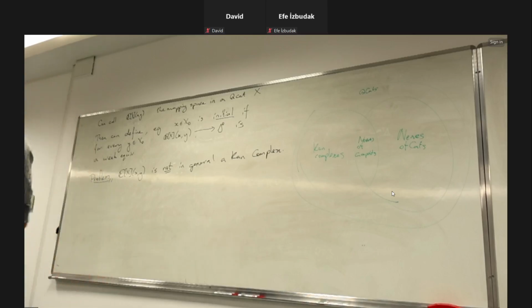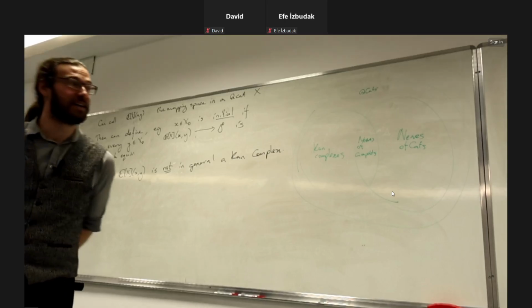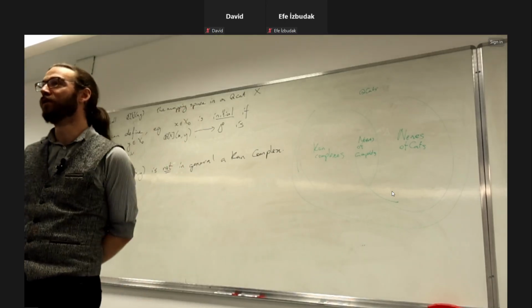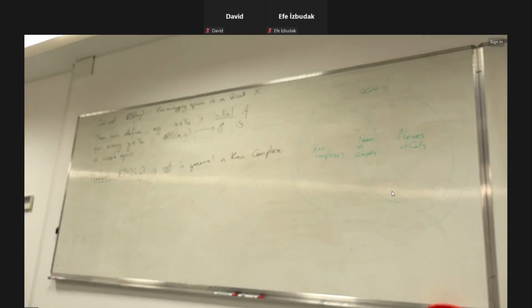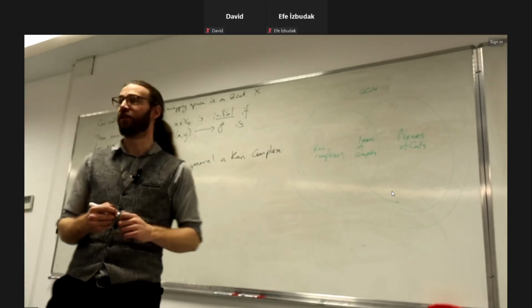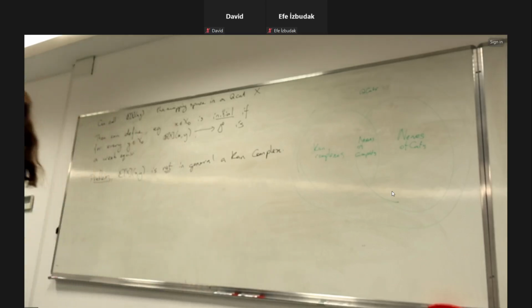Fair enough. But again, somehow, in this case, it's enough to know which quasi-categories we can think of as one categories. And those are the ones where these inner horn fillers are unique. I mean, there are a bunch of other nice relations between these concepts.